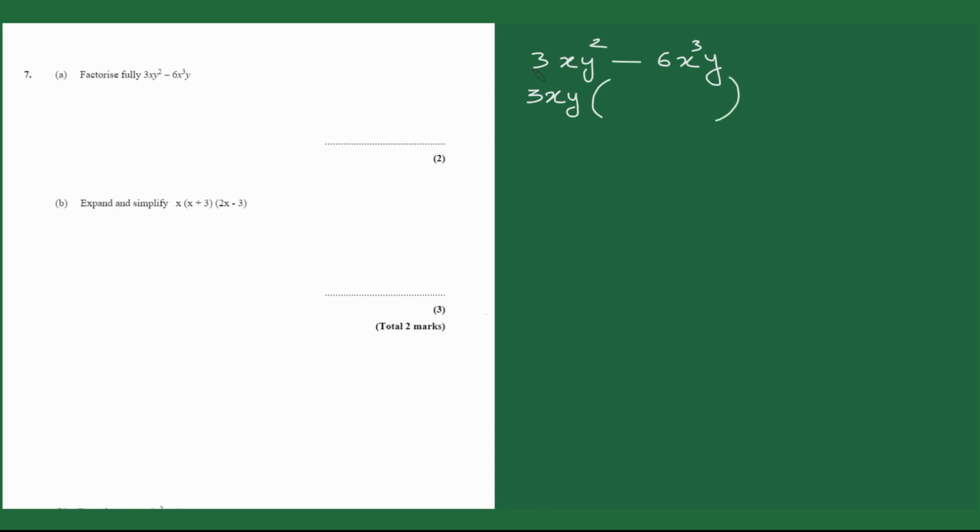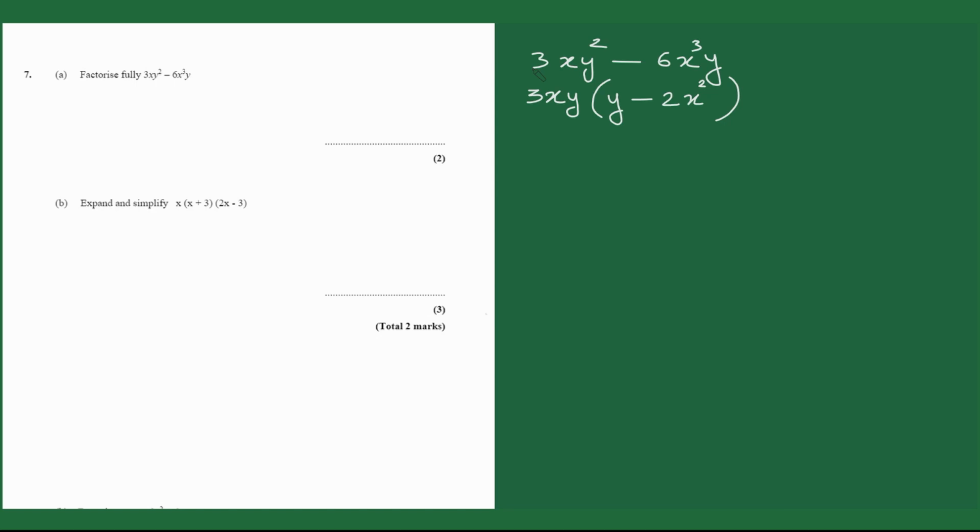So left over inside the bracket, 3 is gone, x is gone, so one of the y is left over, minus 3 times 2 is 6, x cubed, so only one x we took out, so x squared is left over, and y we already took out.